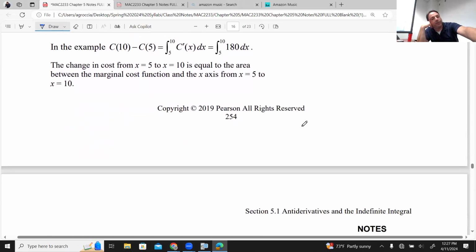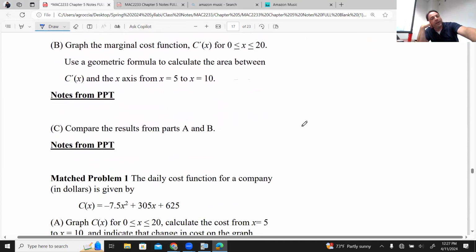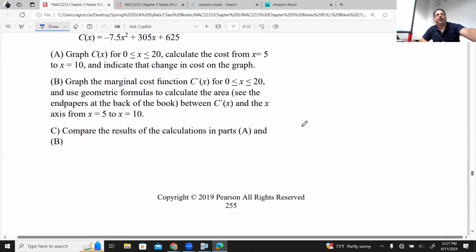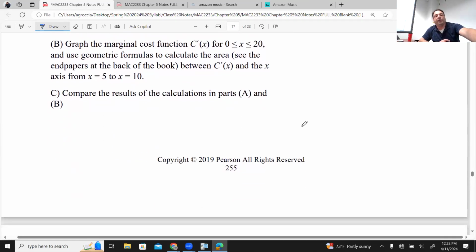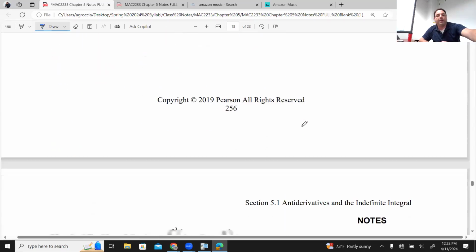So you'll notice there'll be some examples where you're finding the area under a curve, but what we're going to focus on are the examples that deal with the business examples. That's what we're going to focus on, okay? But another application of integrals from a number to a number is the area under a curve, okay?